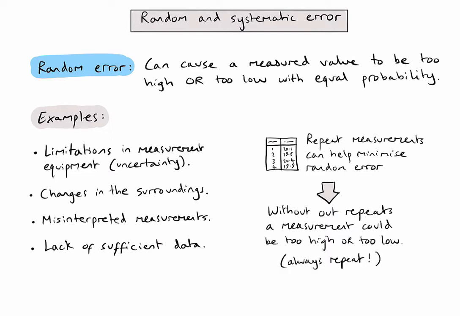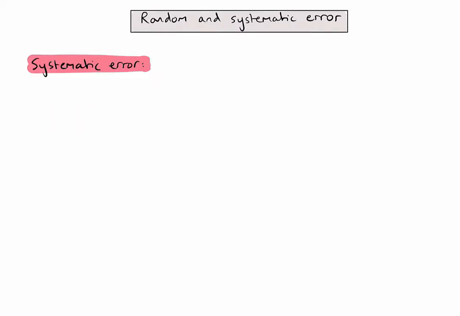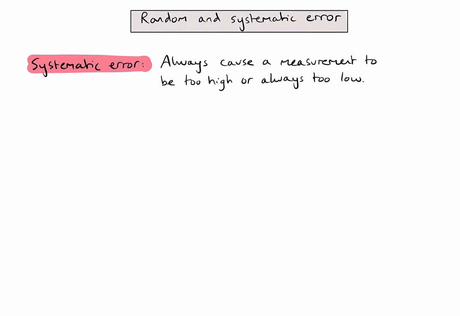Let's now have a look at systematic error and consider how that's different. Unlike the variation that we see in random errors, a systematic error will always cause a measurement to be too high, or it will always cause it to be too low. Let's have a look at some examples.